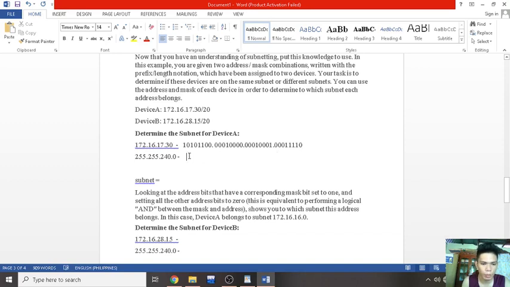Now we proceed to the subnet mask. We have a complete 255, so we have all 1s for 8 bits, and another 8 bits of 1s, and then we have a 240. We identify that as 128 plus 64 plus 32 plus 16, and the rest is 0.